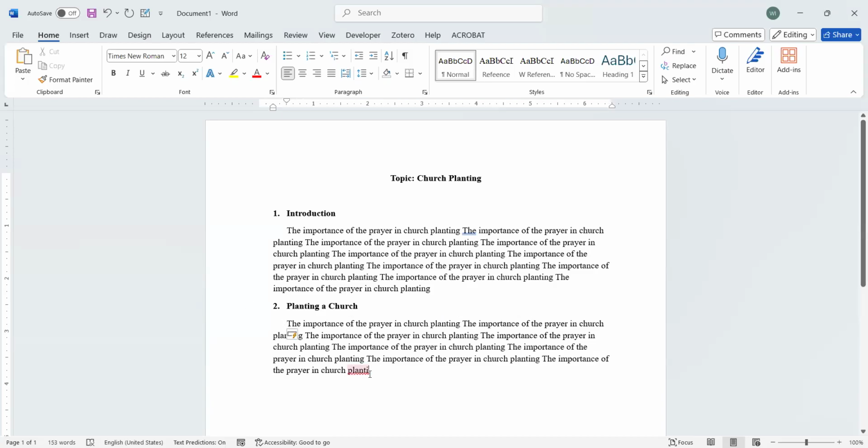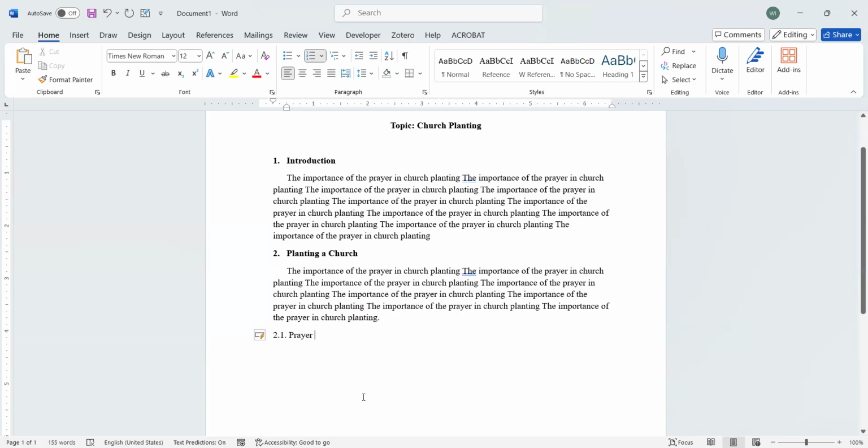All right. And then following which you start with 2.1 for the next heading, planting a church. Then just for example, vision casting.